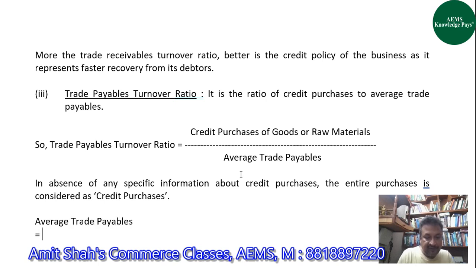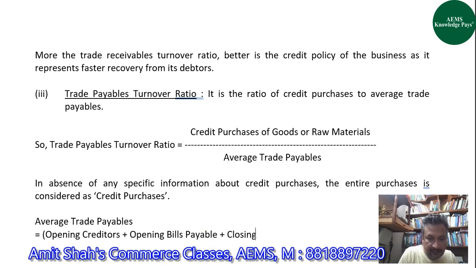And average trade payables is equal to opening creditors plus opening bills payable plus closing creditors plus closing bills payable. Divide by 2.